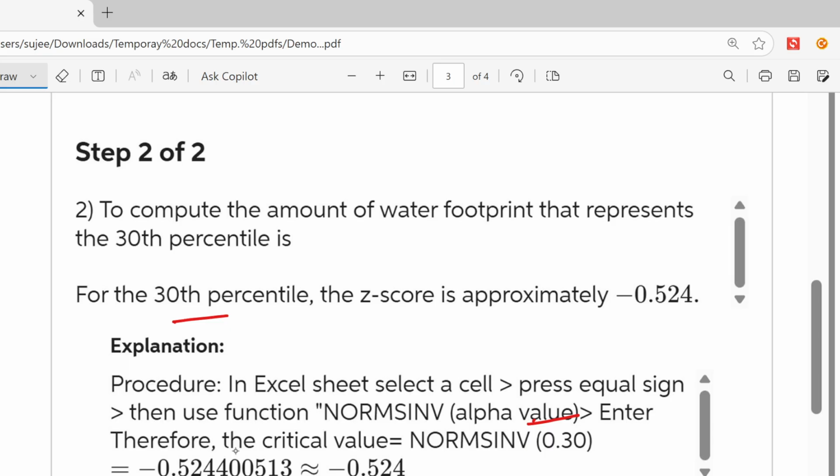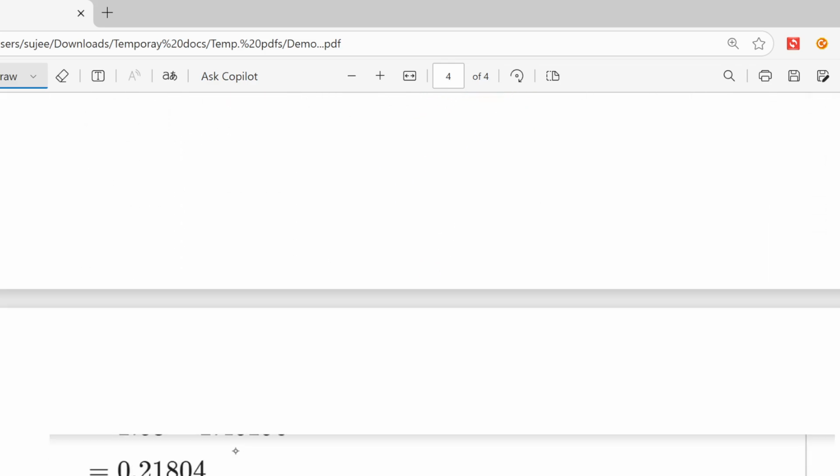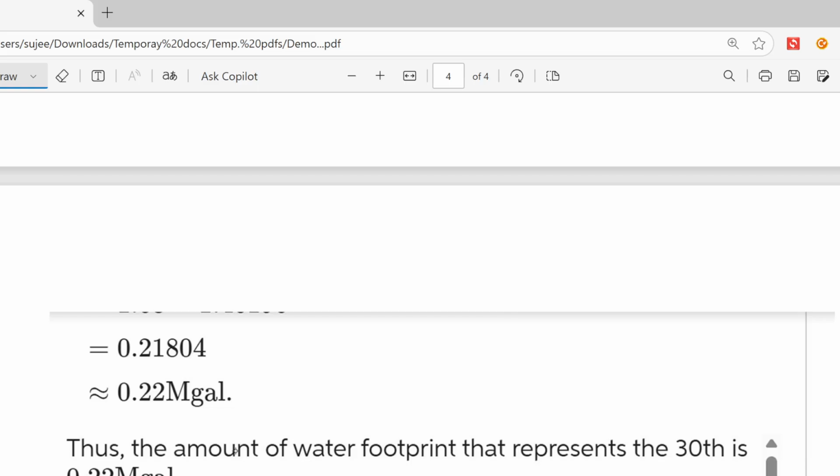Then we plug in 1.68 plus minus 0.524 into 2.79. After calculation, thus the water footprint that represents the 30th percentile is 0.22 megagallon.